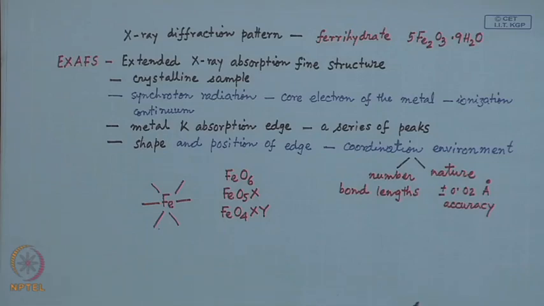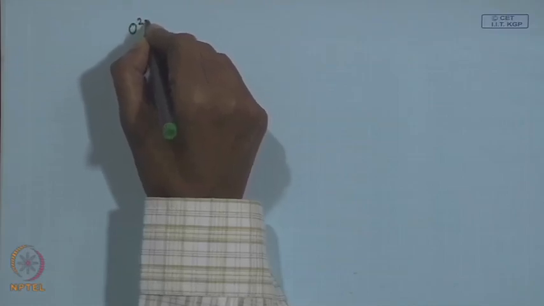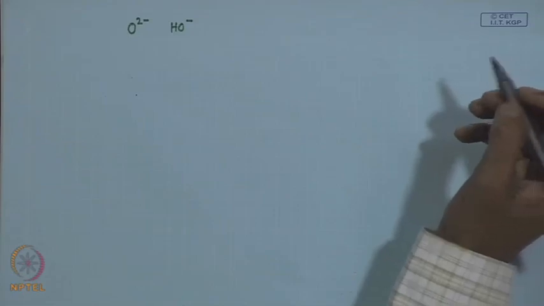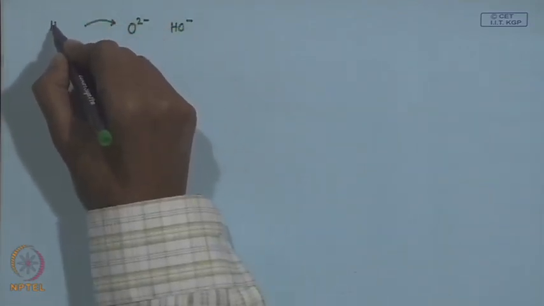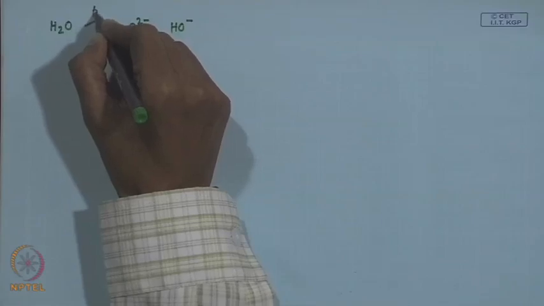So, this particular center, when we get within the matrix of some groups which are nothing but O2 minus and HO minus, these groups are derived from water molecules attached to the iron center, and definitely it is dependent on the pH of the medium.